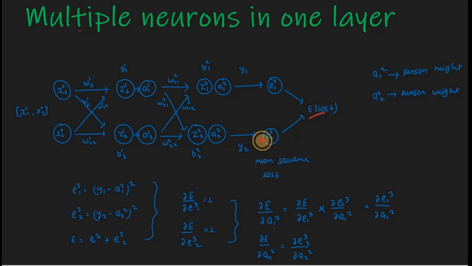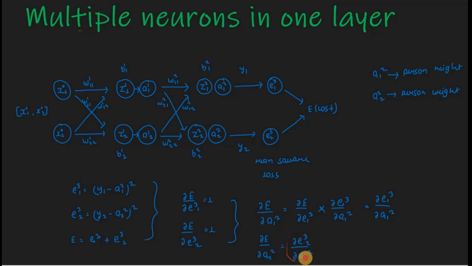Here I have written del E by del A12 like this, and as we have calculated before, del E by del E13 is 1. So we are left with this term only. We can say the derivative of our cost function with respect to A12 is equal to the derivative of E13 with respect to A12. Similarly, we can calculate the derivative of our cost function with respect to A22, and we again get that it is equal to the derivative of E23 with respect to A22.